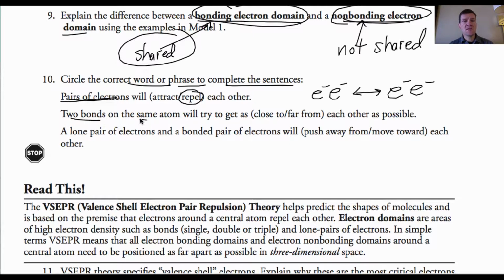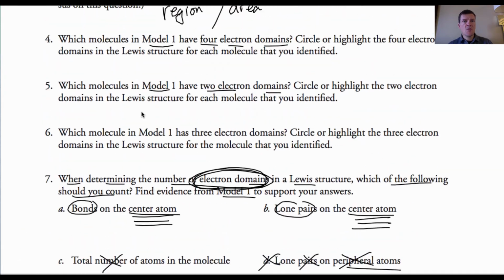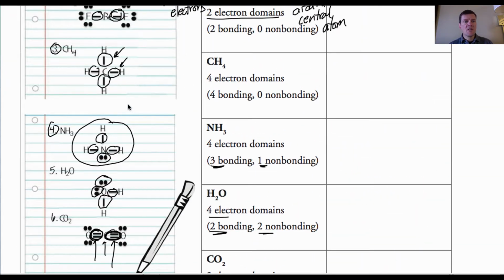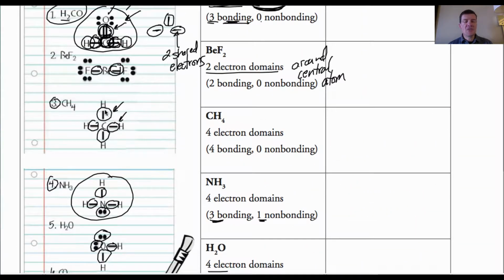If bonds are a result of electrons being shared, those bonds are going to try to push far away from each other. So if you'll notice up here, when these diagrams are drawn, they don't smash these bonds really close to each other. For example, this is not carbon and then four hydrogens bonded real close to each other, they spread out around this central atom.